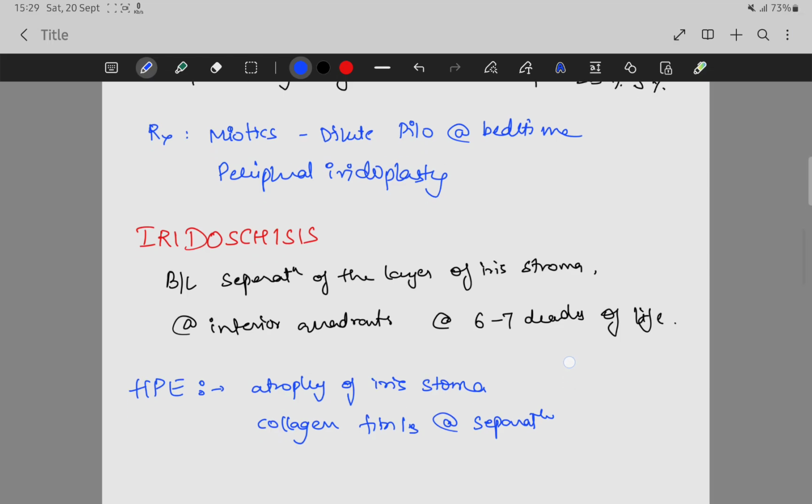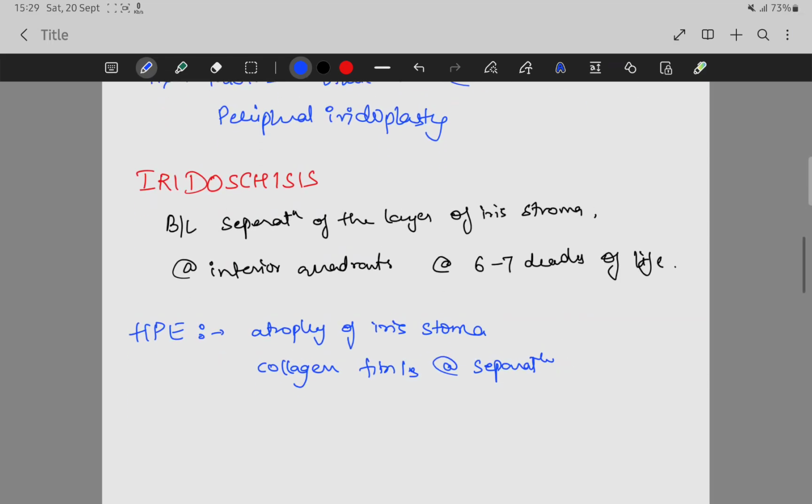So what is the mechanism of glaucoma here? It can be either pupillary block or, because of this widening, open angle mechanism, because of these collagen fibrils which are obstructing.